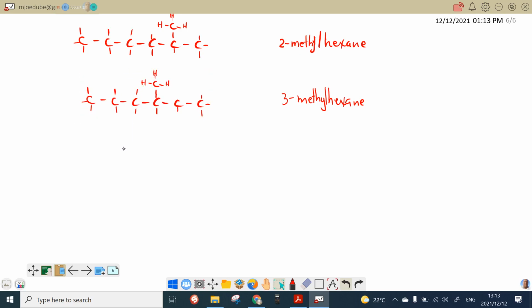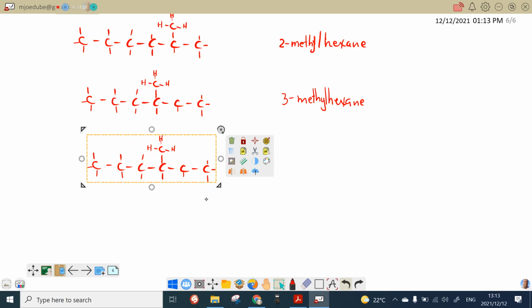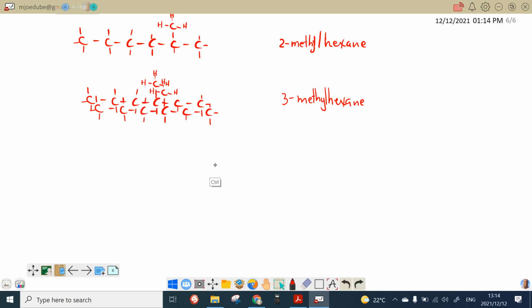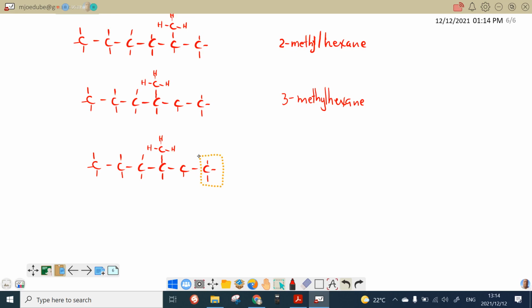Control C, Control V, just push it there, and then this here can then be cut. I can cut this here. Cut it, and then I can paste it here.